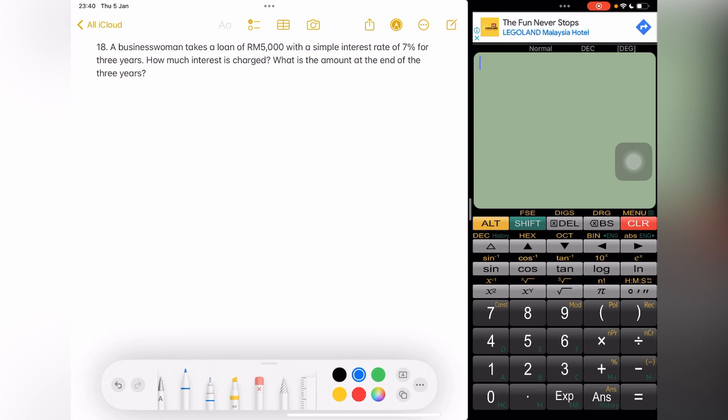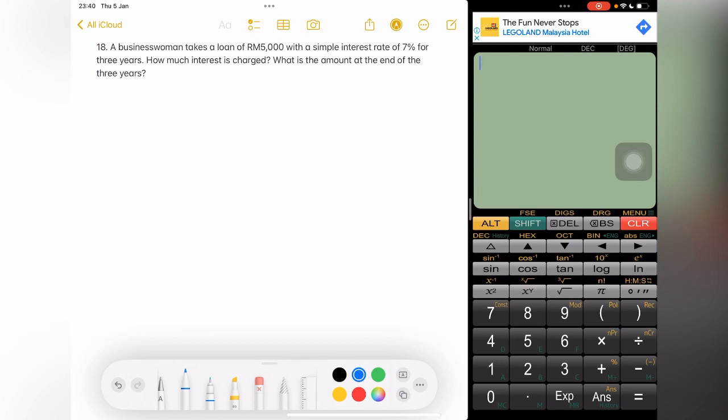Okay, what is the question? The question says a businesswoman takes a loan of 5,000 ringgit with a simple interest rate of 7% for 3 years. How much interest is charged, and what is the amount at the end of the 3 years? So, we have to define what they give to us.